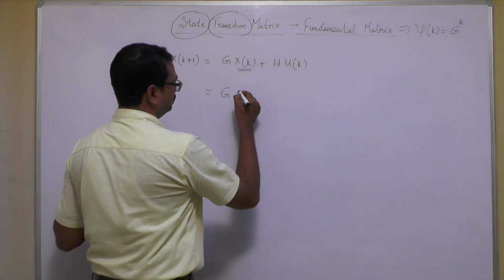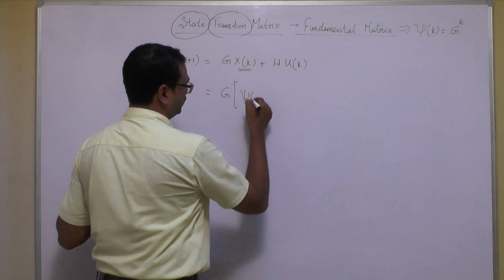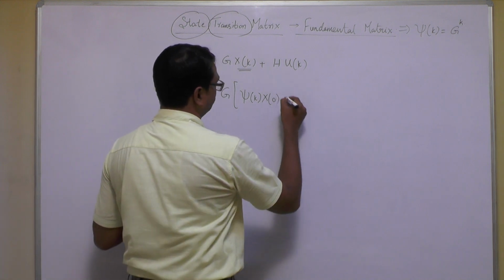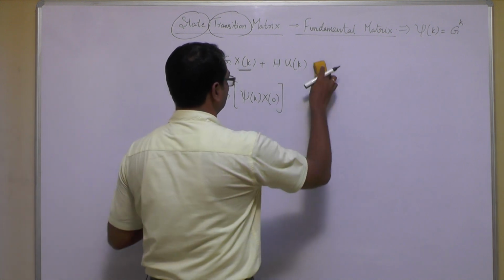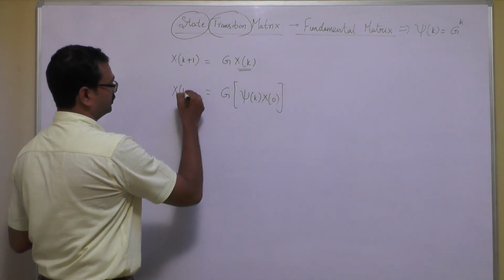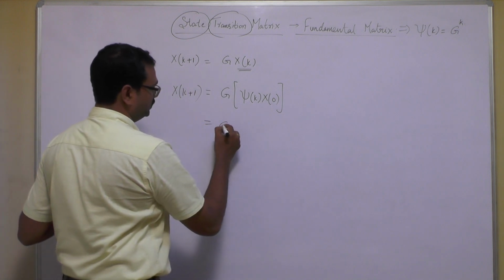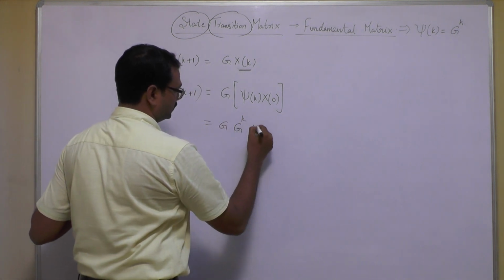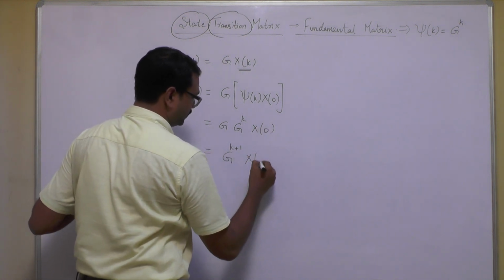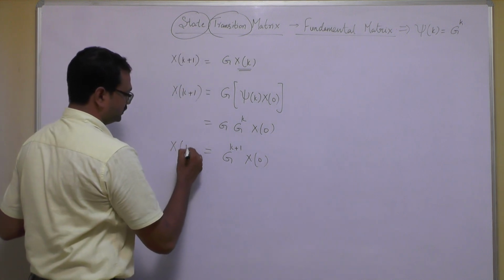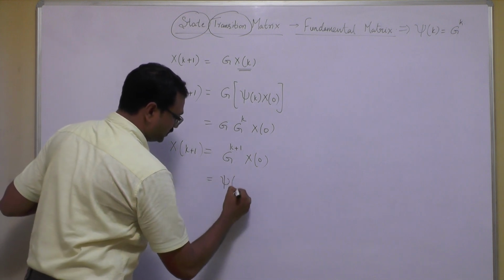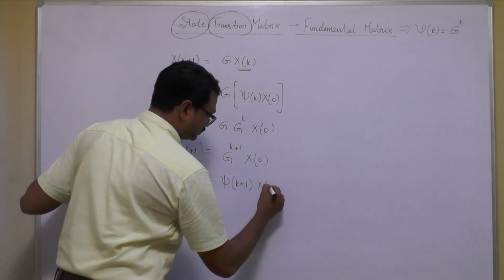X of k is equal to psi of k x of 0, and you don't have the input term for a homogeneous equation. So x of k plus 1 is equal to g into g power k x of 0, therefore you can write this as g power k plus 1 x of 0, or psi of k plus 1 x of 0.